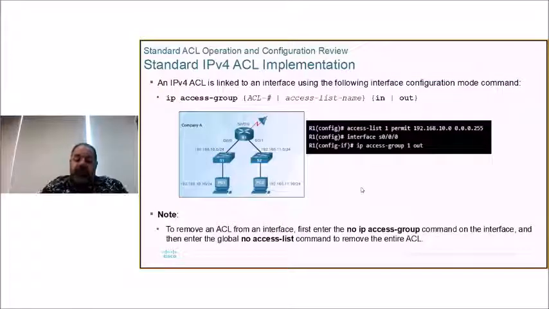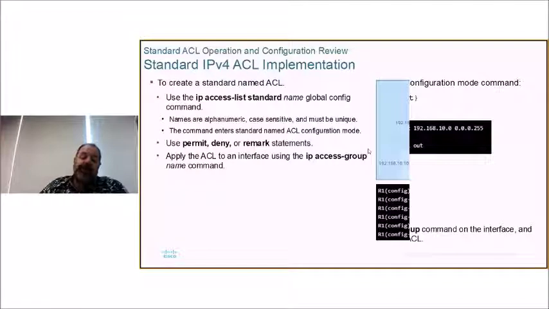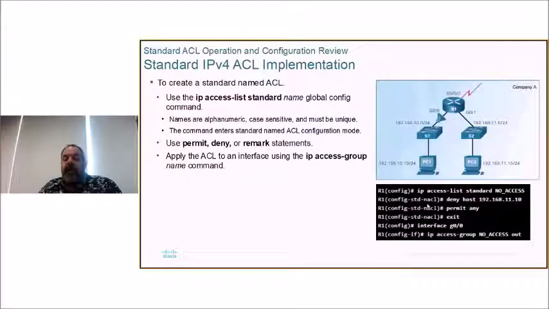In the previous slide, everything was in global config mode for the definition of it, and then you apply it in the interface. Here, when you define the named one, you go into named ACL standard config mode. All of the commands you put into this, it knows belong to that no access ACL.